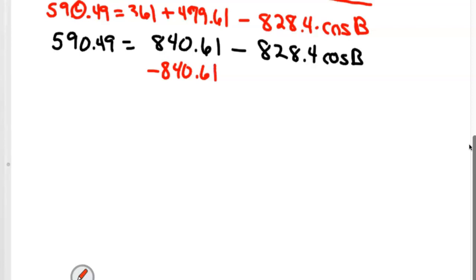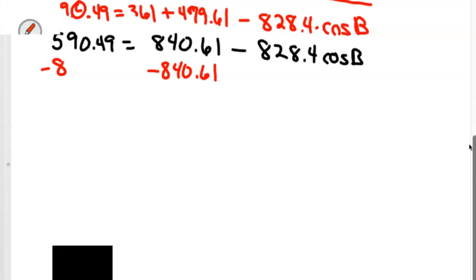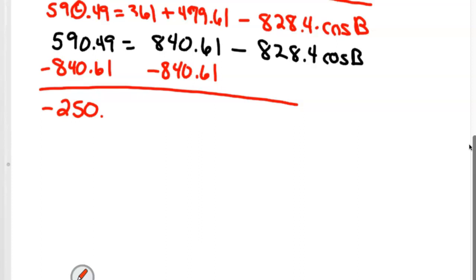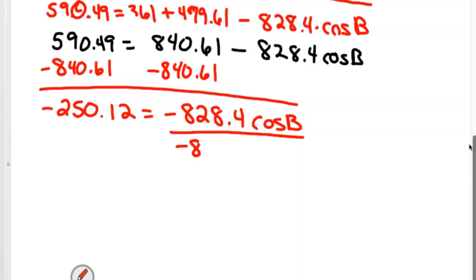Again, you cannot combine those two because we have to solve for cosine B. So minus 840.61, and you subtract those and you get negative 250.12 equals negative 828.4 cosine of B. We're solving for cosine of B, so we divide by negative 828.4.